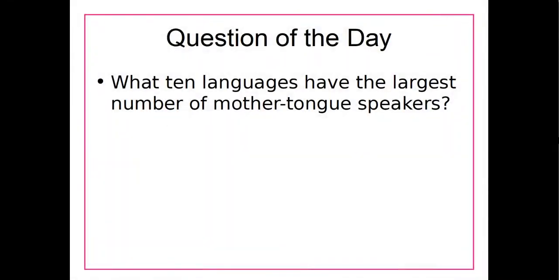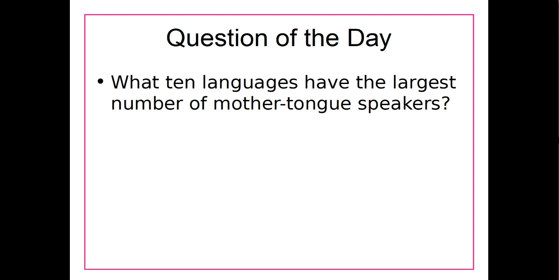Another pop quiz type question that you're of course not graded on at all: try to guess or think about what 10 languages you think might have the largest number of mother tongue speakers. Basically, what we mean here is what 10 languages have the largest number of speakers where someone grew up speaking the language.